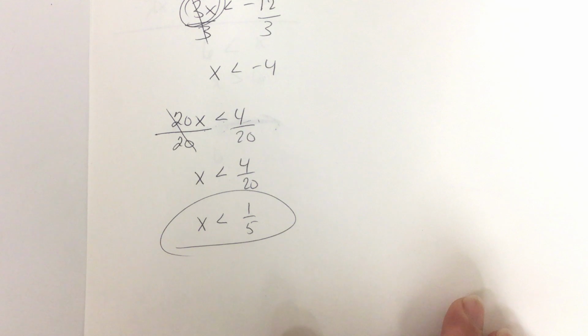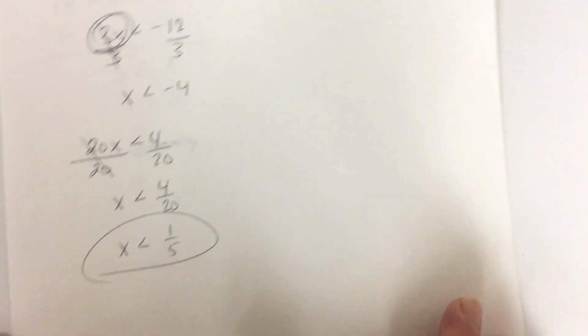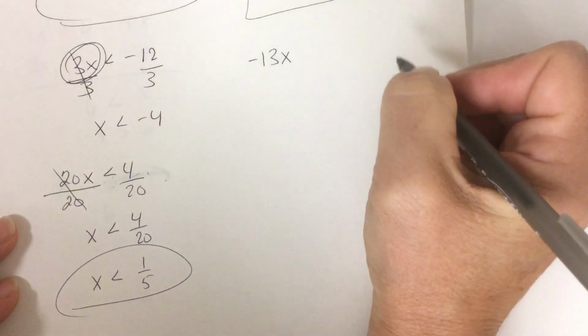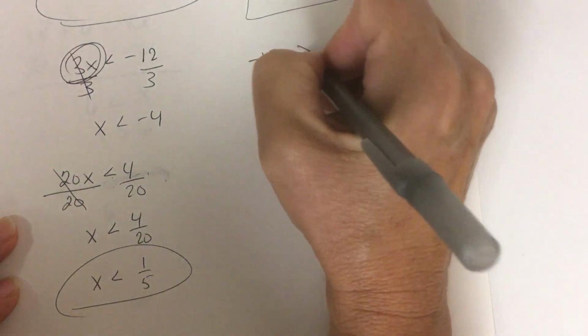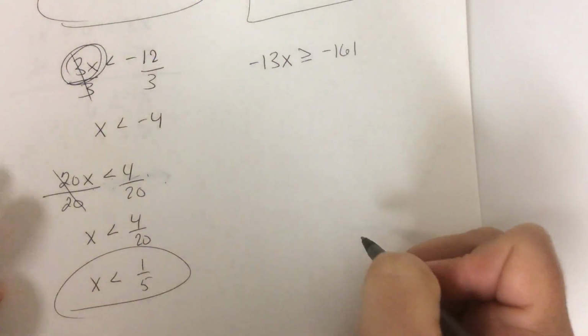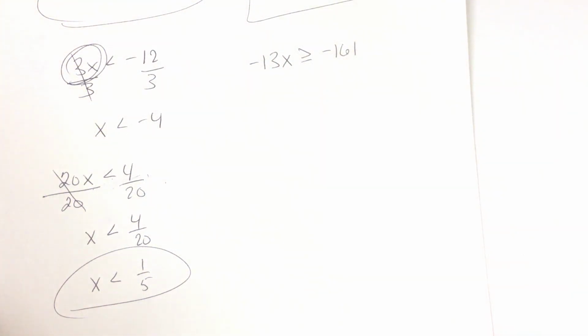Let's say we have -13x is greater than or equal to -161. Okay. Whoops, I mixed up 2 examples. Hold on. Let's make this 7x.